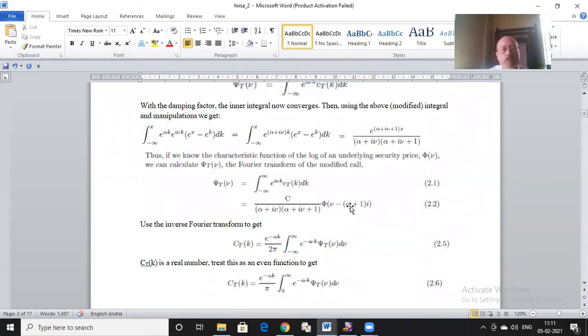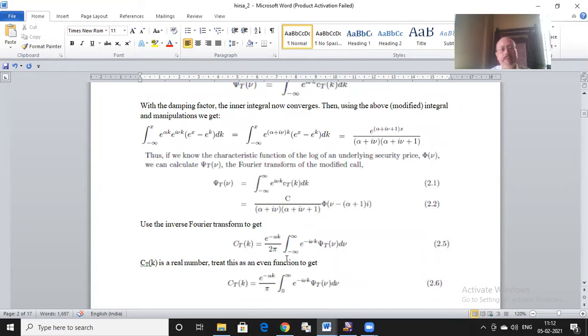So 2.2 is what I have with damping factor alpha, which appears inside and in the denominator. Of course, you understand the choice of a proper alpha will be important. Then again the inverse Fourier transform to get back the original derivative price.